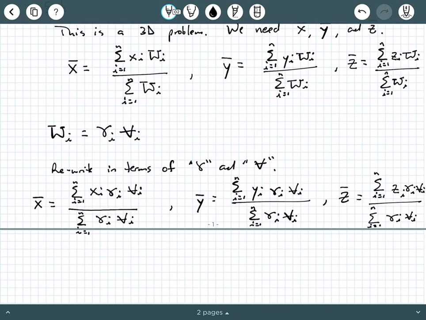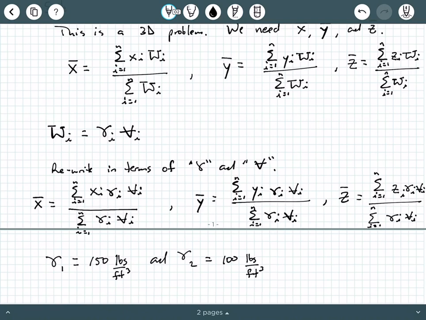Now we're ready to go. Remember, we have some of these already readily available. We were given gamma 1 is 150 pounds per cubic foot, and gamma 2 was 100 pounds per cubic foot.